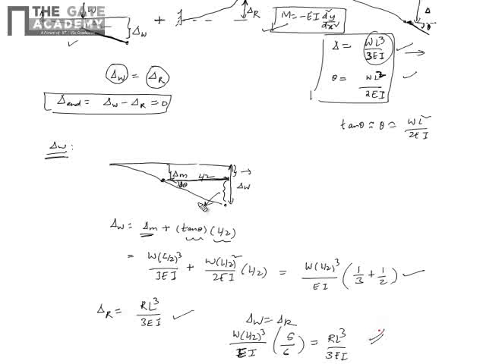So from this I have R being 5W by 16. Cancelling L cube and so on, I'll have 8 in the denominator, and this 3 will cancel 6 two times, so 2 into 8 will be 16, and the numerator will be 5. So this is how I find out.